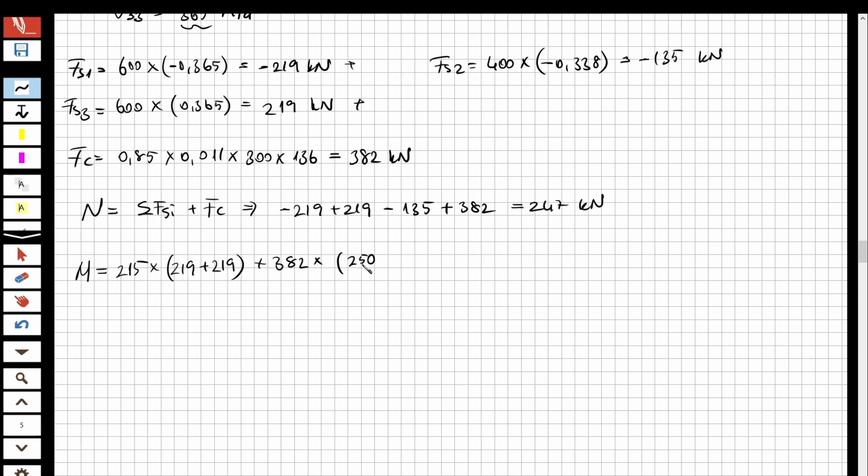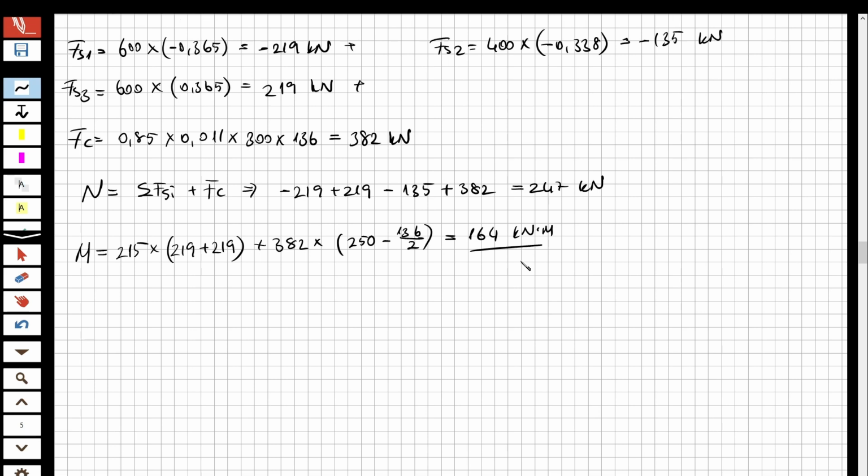If you remember, I'm going to take it with respect to the midpoint of the section, minus a over 2. What is a? 136, over 2. The result of this multiplication is going to be 164 kilonewton meter as the moment. Now you can see we got all the moments and the forces. Now the question is nearly solved.